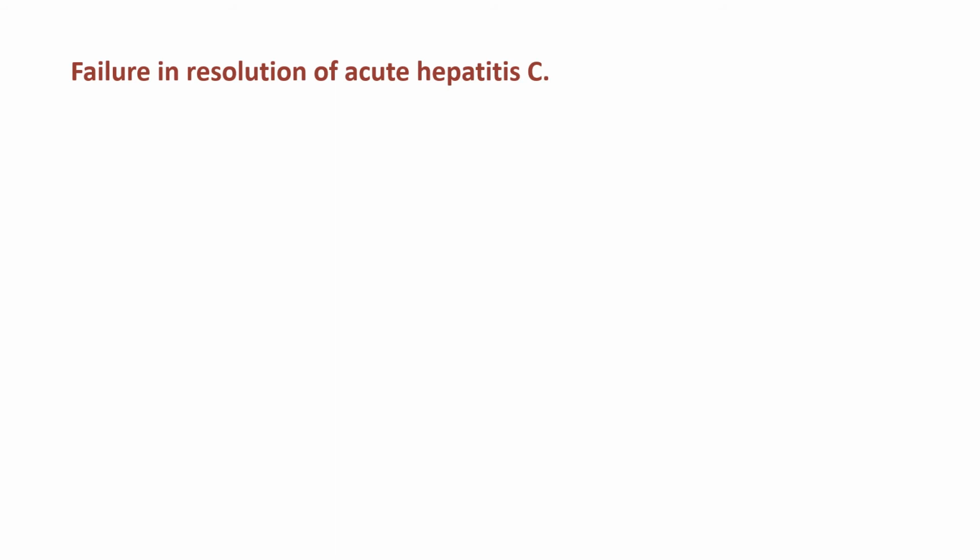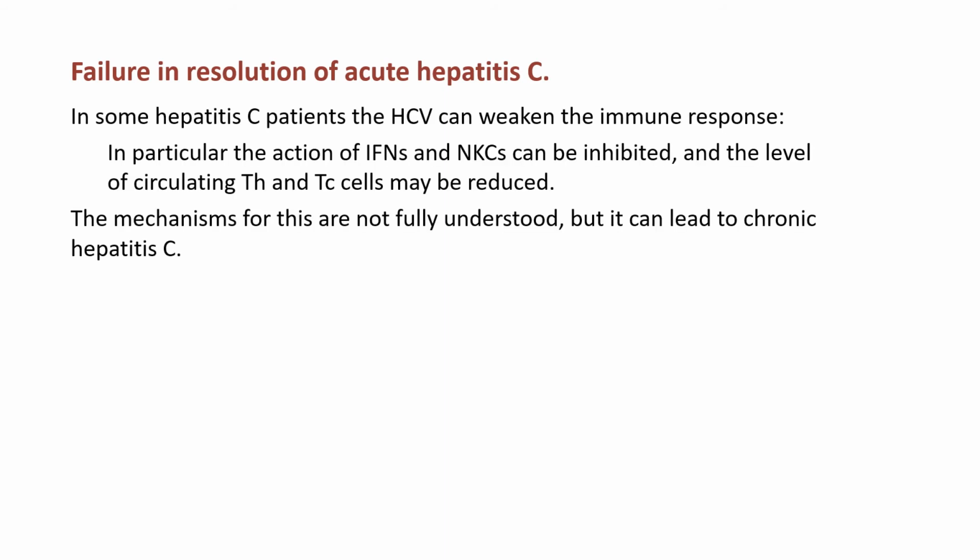Hepatitis C can be controlled, it can be resolved, and we can treat it. But in some hepatitis C patients, they develop a weakened immune response due to HCV. In particular, this affects the efficacy of interferons and natural killer cells, two of our key mechanisms against viral infection.